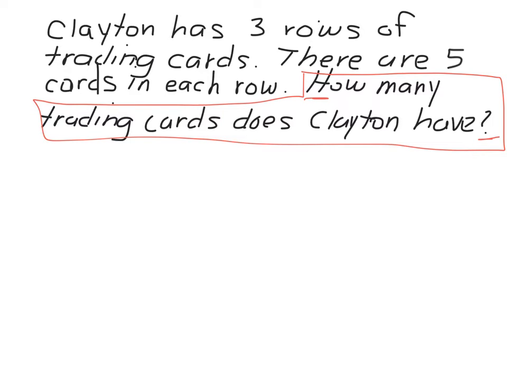Now, next thing, let's reread the problem and see what information we can use. So Clayton has 3 rows of trading cards. Not 3 trading cards, but 3 rows. That's important.